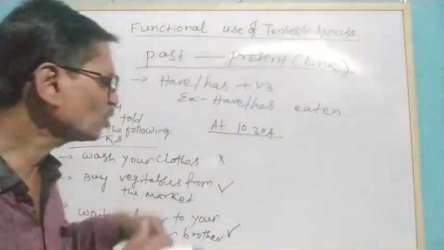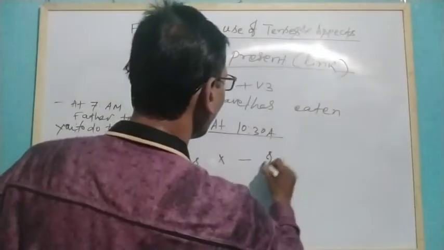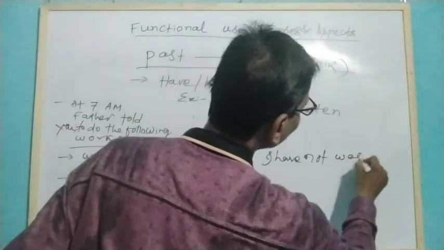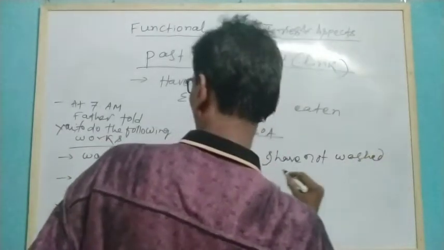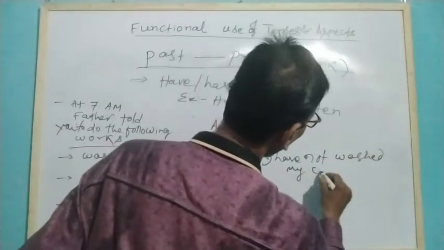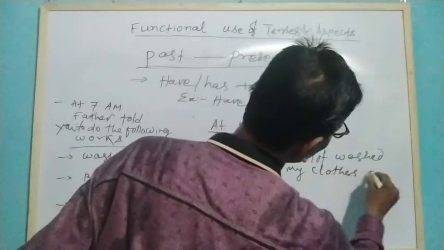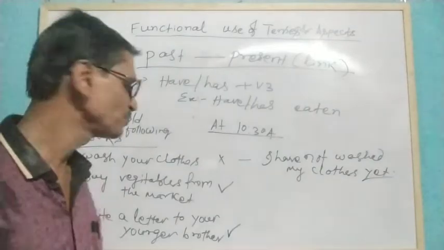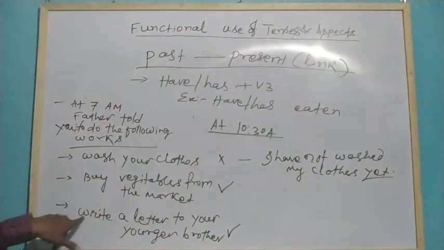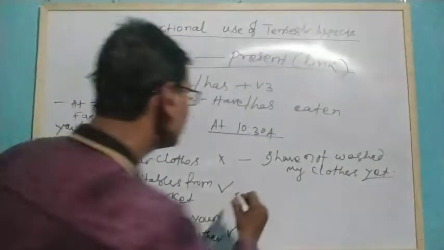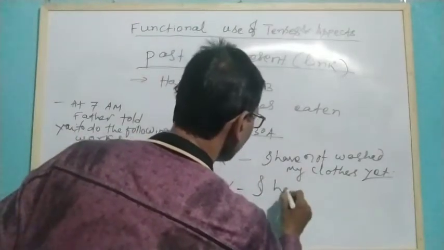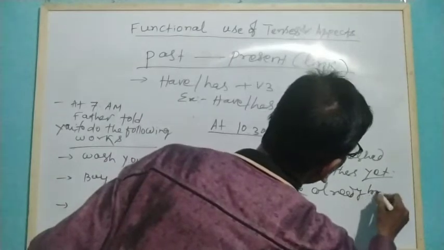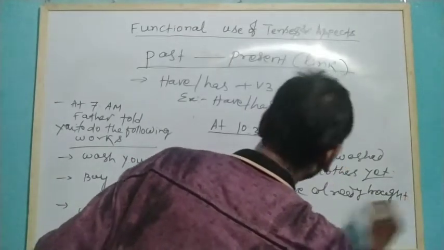Now, what will you tell? I have not washed my clothes yet, because it is negative, so we are using yet. But these two are positive. What you have done, you can say, I have already bought vegetables.